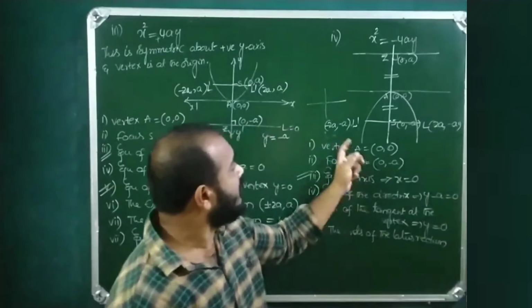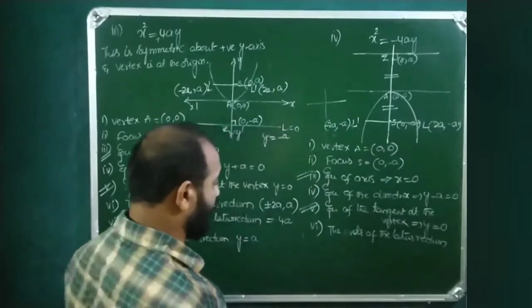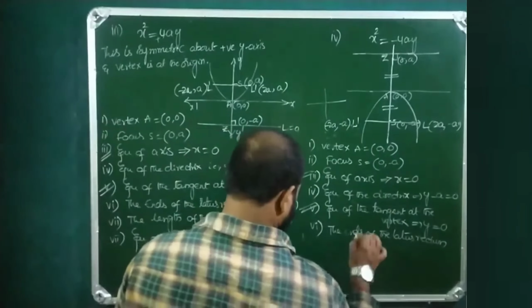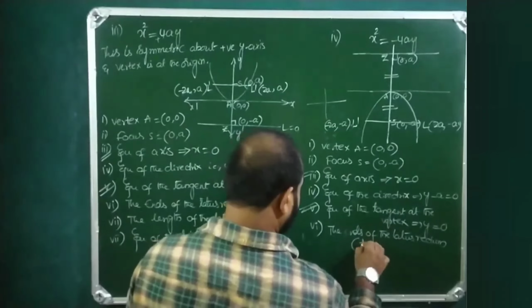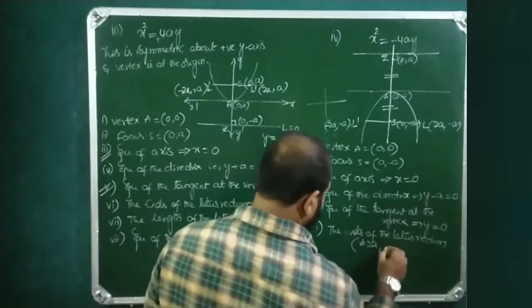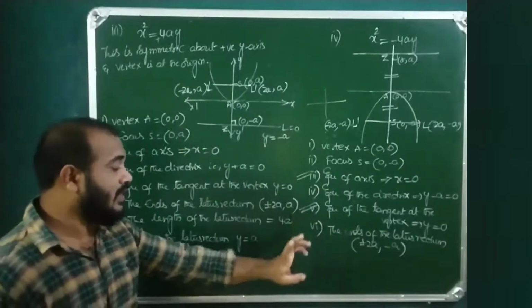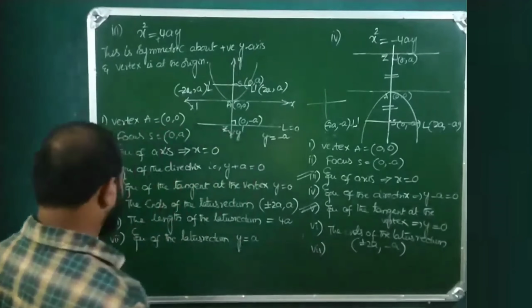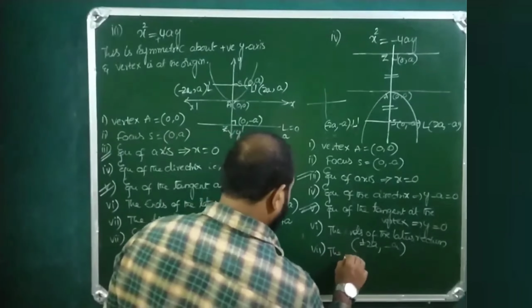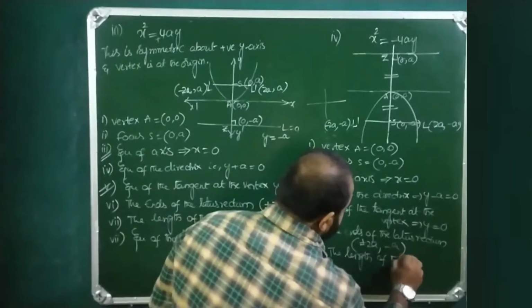Fourth and third quadrant. So this is 2a and this is minus 2a, so it can be written as plus or minus 2a comma minus a. Earlier it was plus or minus 2a comma plus a. So the next one is the length of the latus rectum.